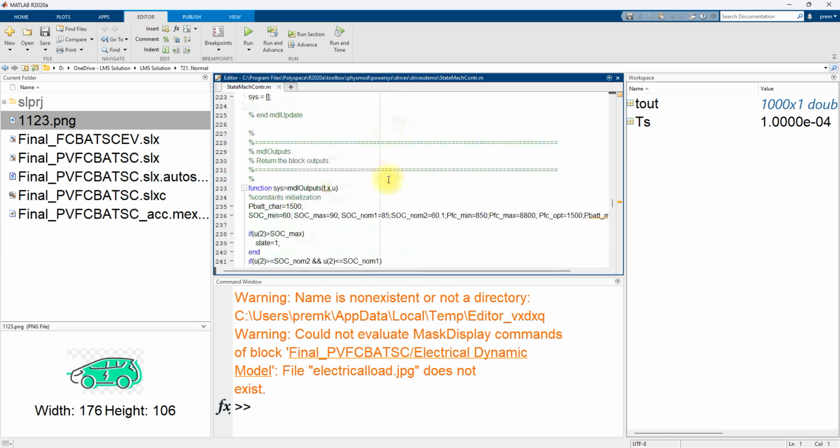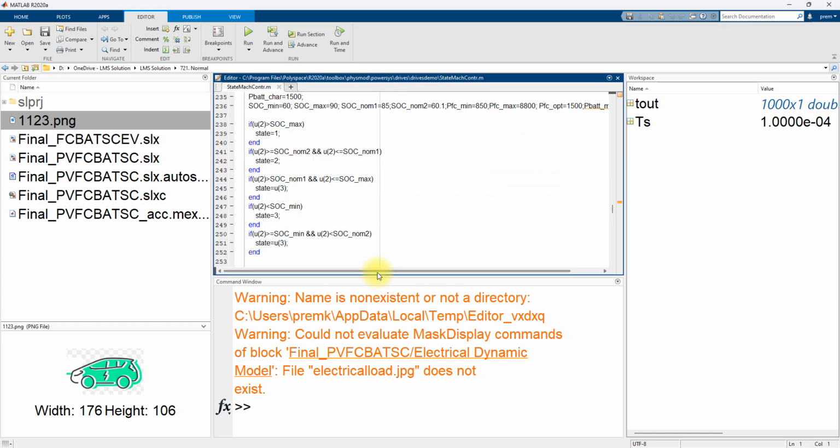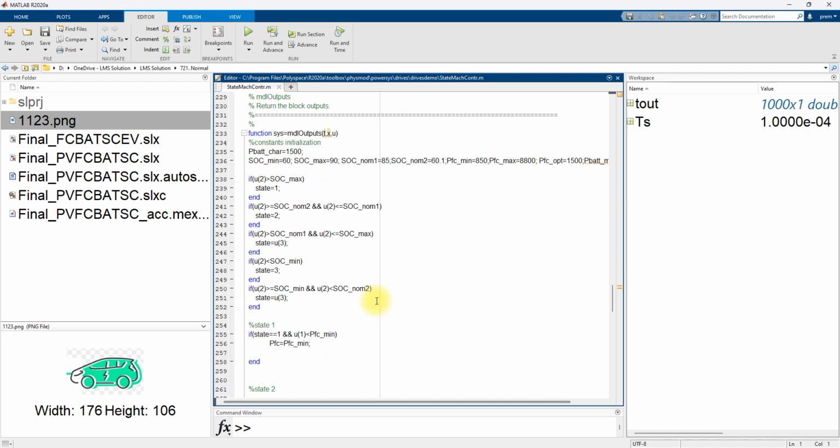Here you have the control logic. The battery charging power here we have taken around 1500 watts. SOC minimum we are taking as 60, maximum will be 90, nominal SOC will be 85, second nominal SOC will be 60.